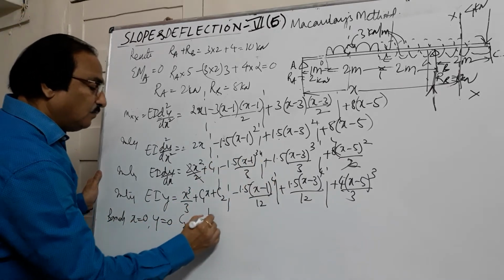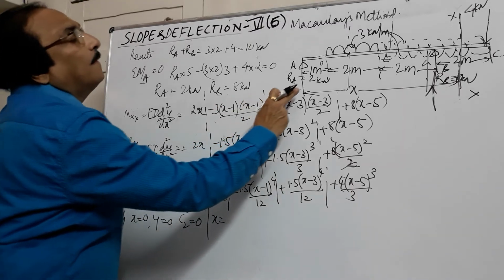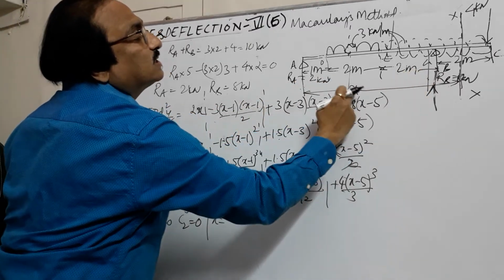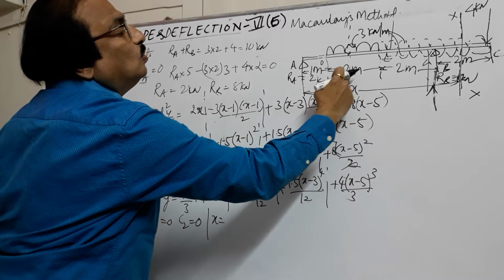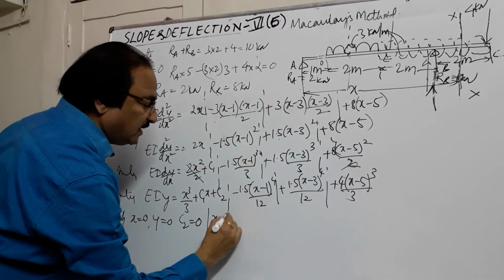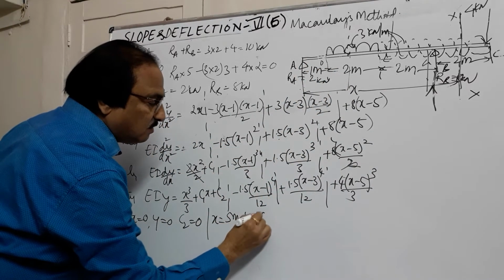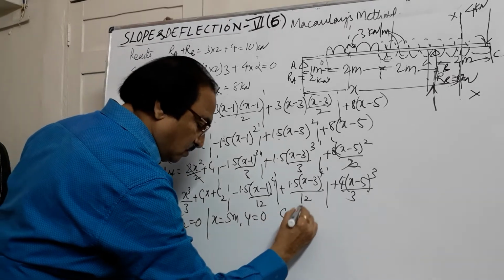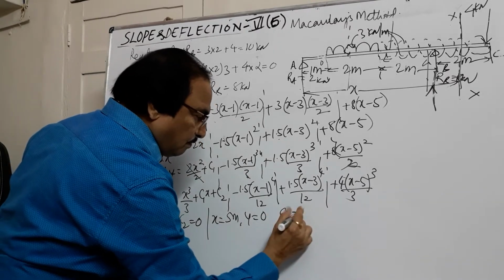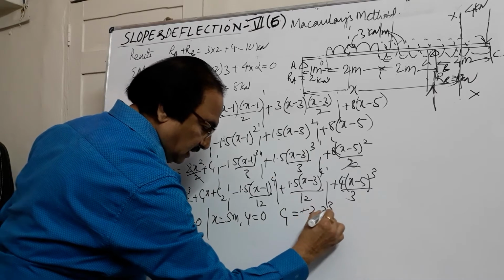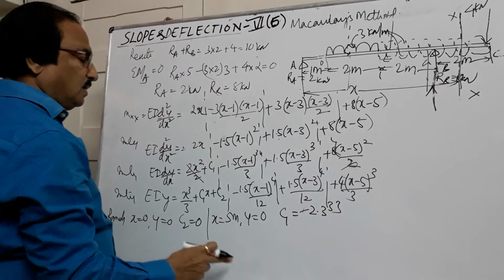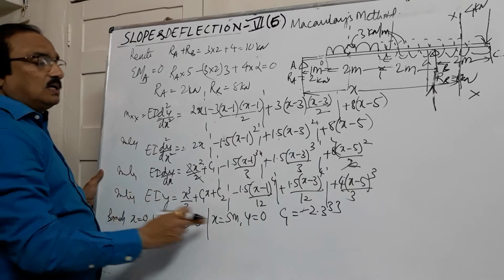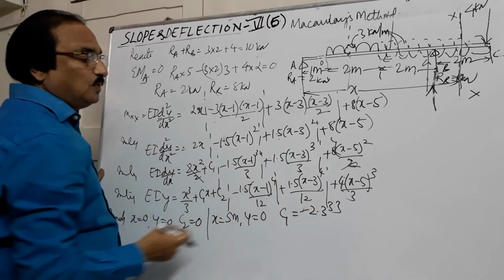Second condition, when x is equal to 5 meters, the support, y is again equal to 0. If you simplify this, you get C1 is equal to minus 2.333.